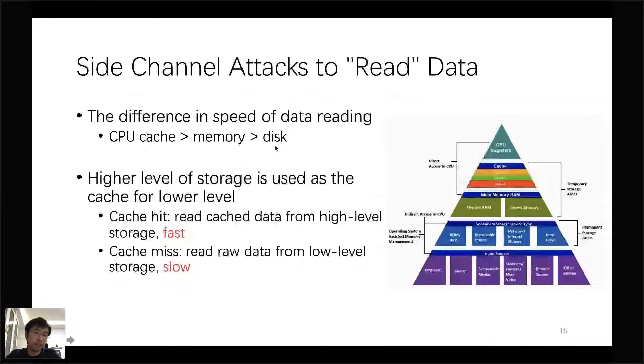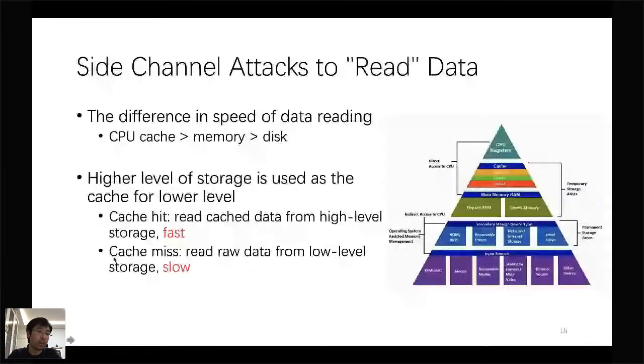And another case is that you have never read such files from the disk before, so there is no cache in your memory. So at this time, your computer will read the data from the disk, and it first stores it in the memory for future use. This is called the caching mechanism, and then it's returned to the CPU to process. In such a case, we say there is a cache miss.